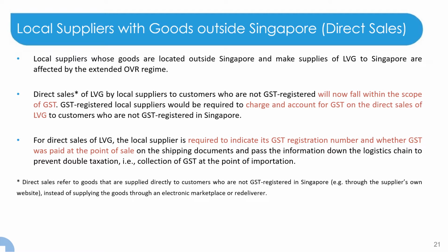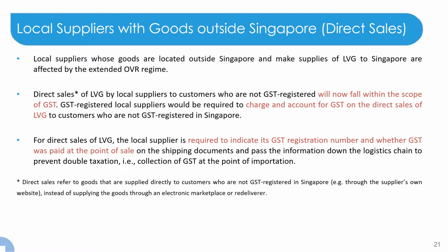Direct sales of LVG by local suppliers to customers who are not GST registered will now fall within the scope of GST. GST registered local suppliers would be required to charge and account for GST on the direct sales of LVG to customers who are not GST registered in Singapore.